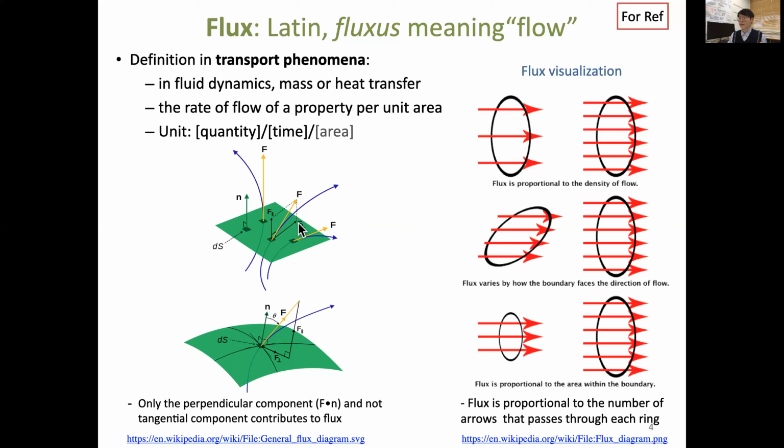What matters in flux is the normal or perpendicular component of the general flow direction, which contributes to the actual passing through this surface. So only the perpendicular component and not the tangential component contributes to flux. So keep this in mind.